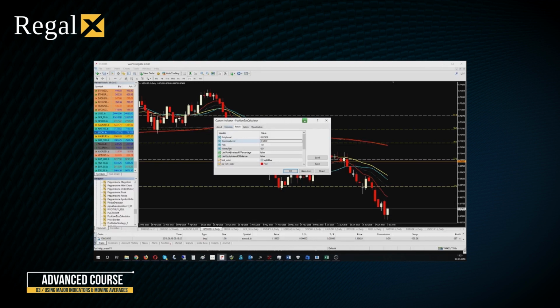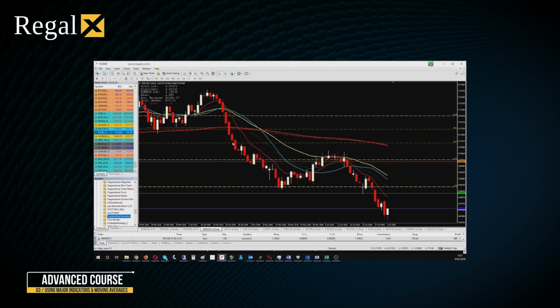Here I can say, all right, I want to risk 1% of my account size on the trade. So now I put in this, and it tells me up here, okay, in order to trade 1% risk, what I need to do is open 1.18 lots on the account size that I have. It shows me where my stop loss line is.